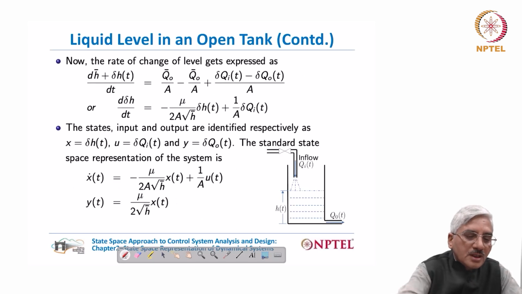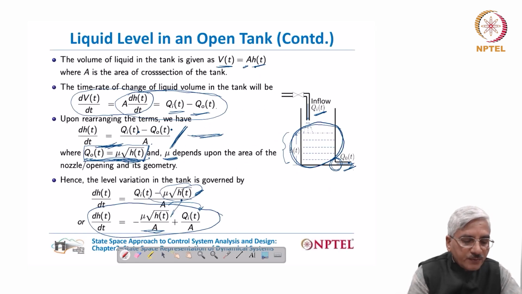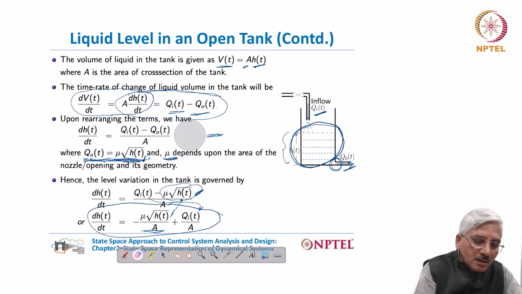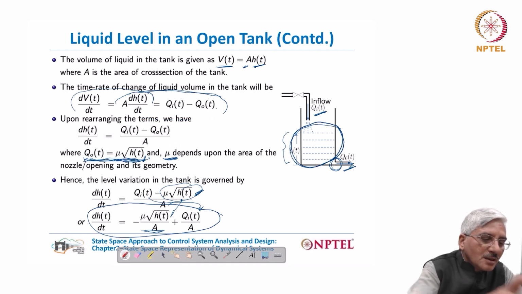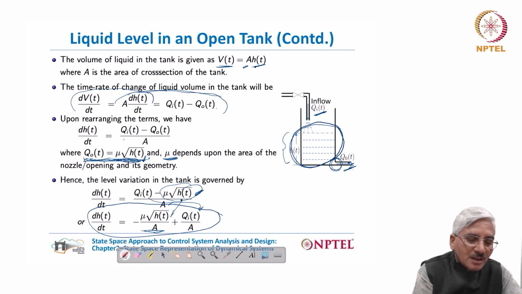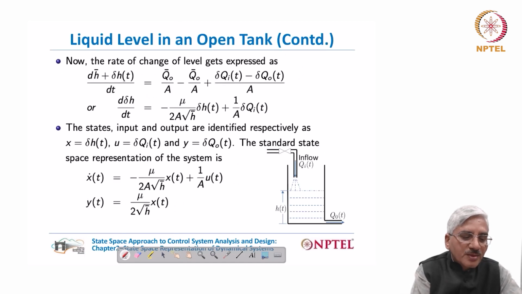So what we do is we substitute in place of Qi, Qi bar plus delta Qi, and in place of Qo, Qo bar plus delta Qo, and in place of H, H bar plus delta H. In that case, we will obtain d of (H bar plus delta H(t)) by dt equal to Qi bar plus delta Qi, and because Qi bar is equal to Qo bar, we make this substitution, Qi bar equal to Qo bar plus delta Qi, and we have split the terms.